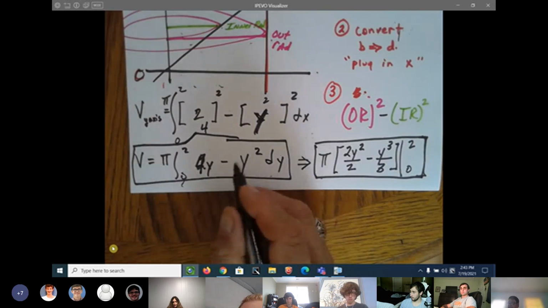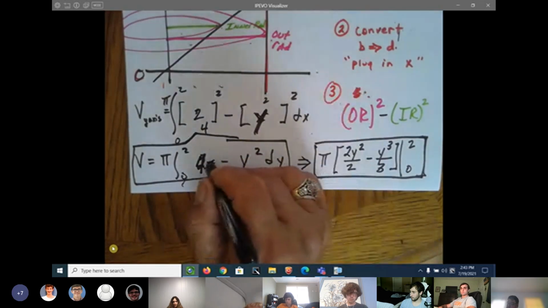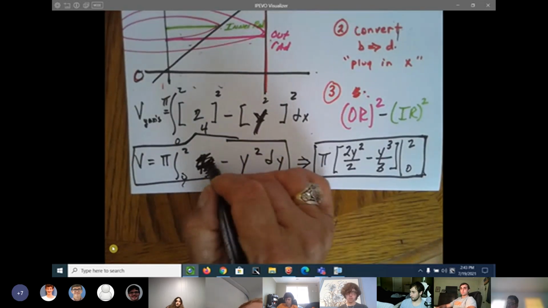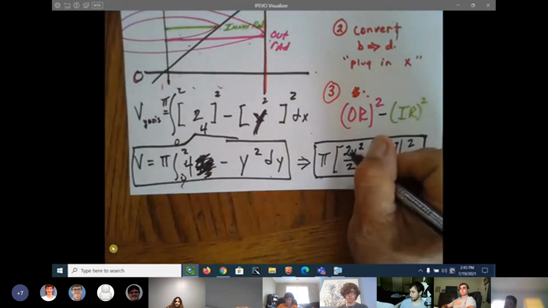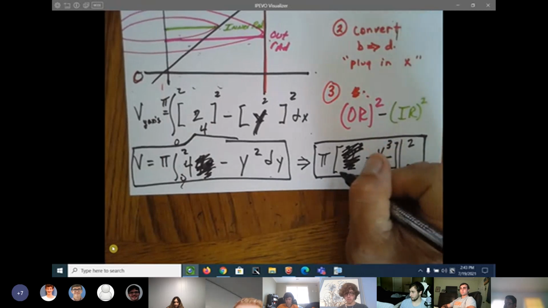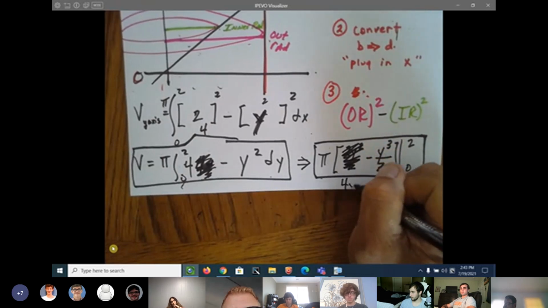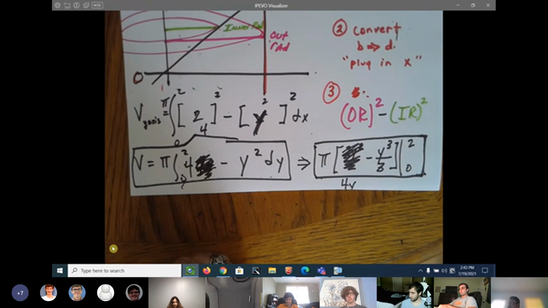The derivative should be 4y. I'm sorry. I got the cart before the horse. 4, and then that should be 4y. I'm sorry. 4y minus y to the third. Yeah. Minus y to the third over 3. Sorry about that.